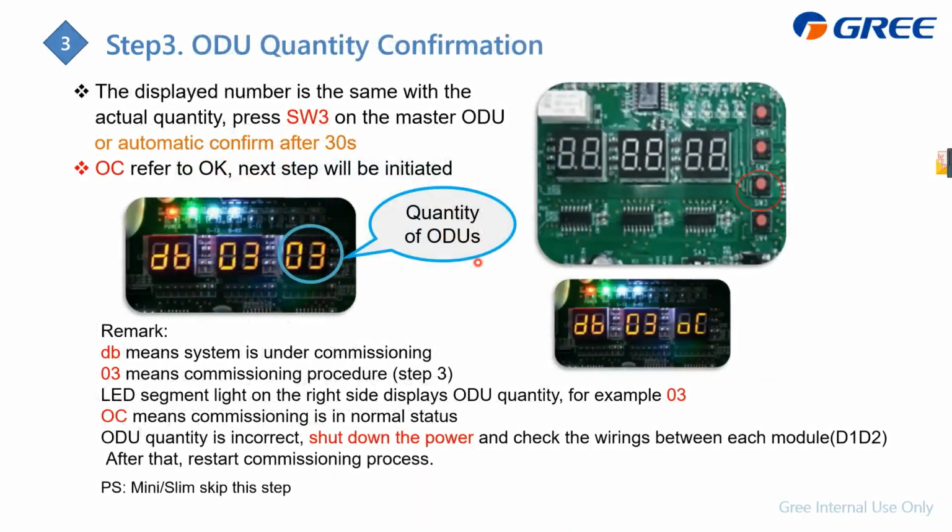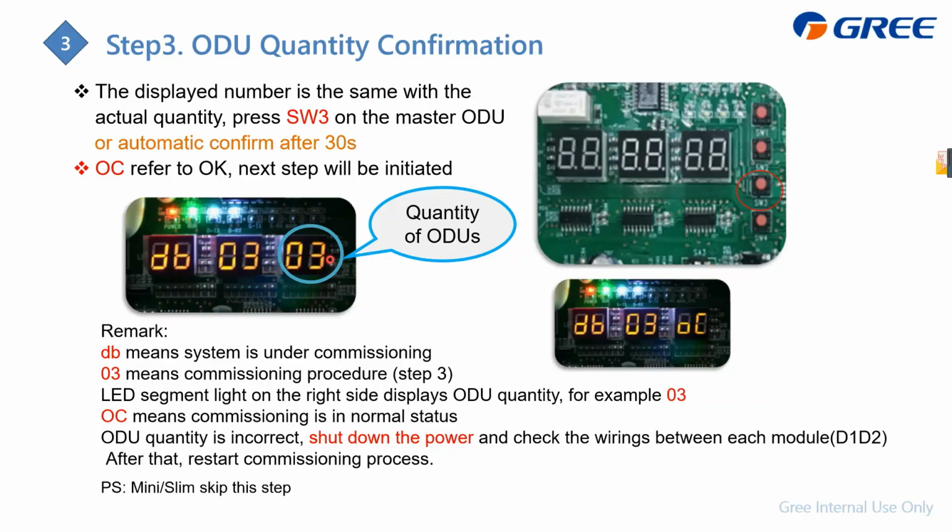On step 3, the unit checks the quantity of the outdoor units, and this step needs your confirmation. If it displays DB03, that is step 3, and 03 means there are 2 outdoor units.